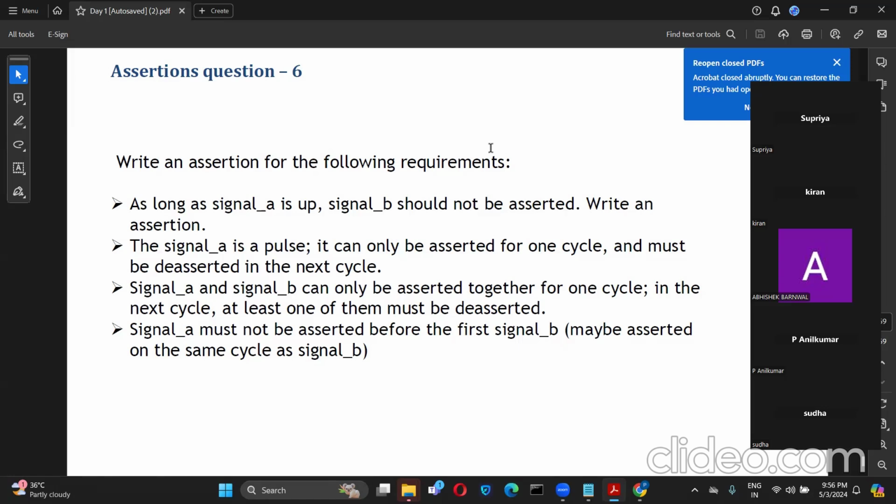Negation of A or negation of B, like that you have to write. The negation of A or negation of B, that will also work.